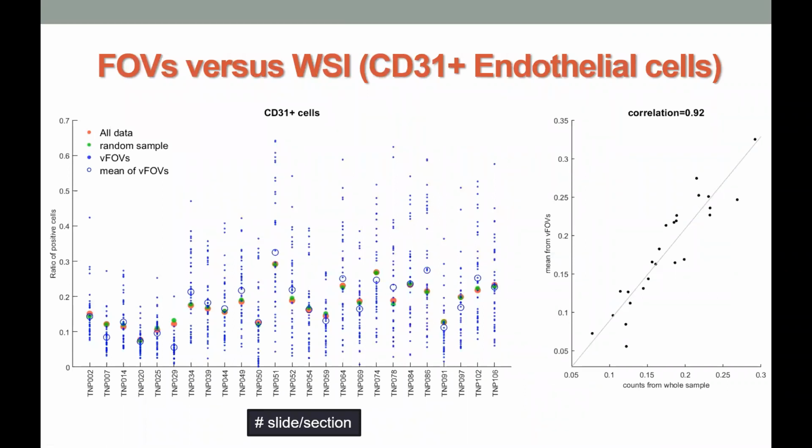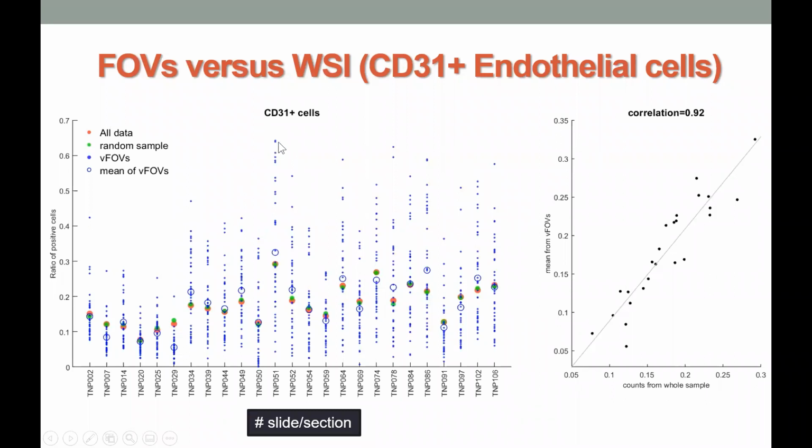If you look at this plot, each small blue dot reflects a virtual TMA, or a field of view, or whatever you want to think of it as. That's what you can get from one sample for a particular distribution. Here, for example, CD31 positive cells are supposed to be endothelial cells.